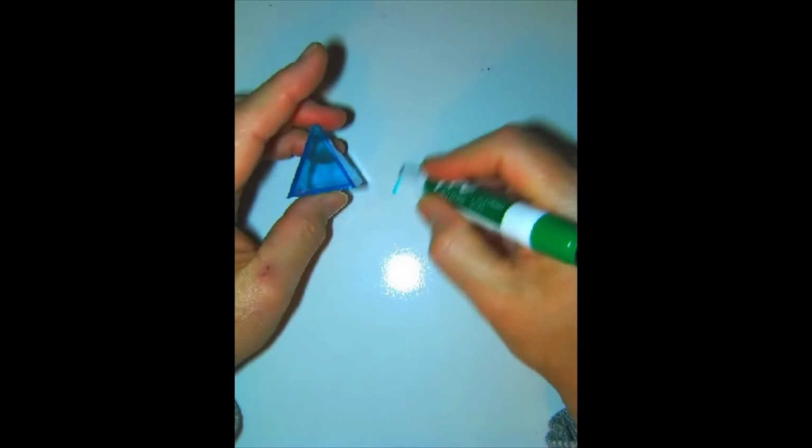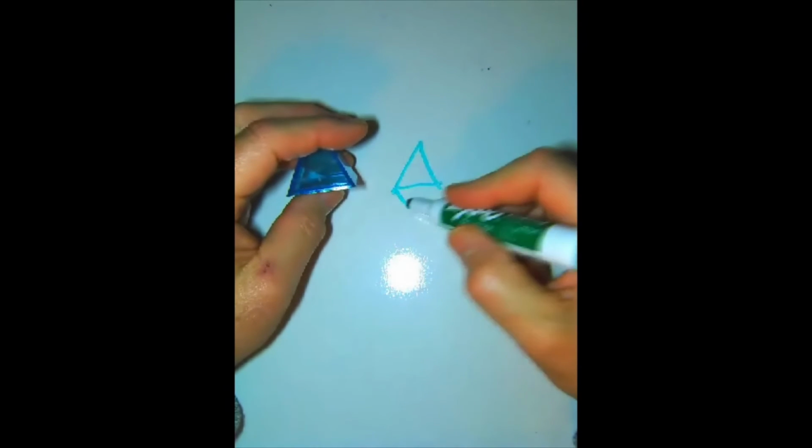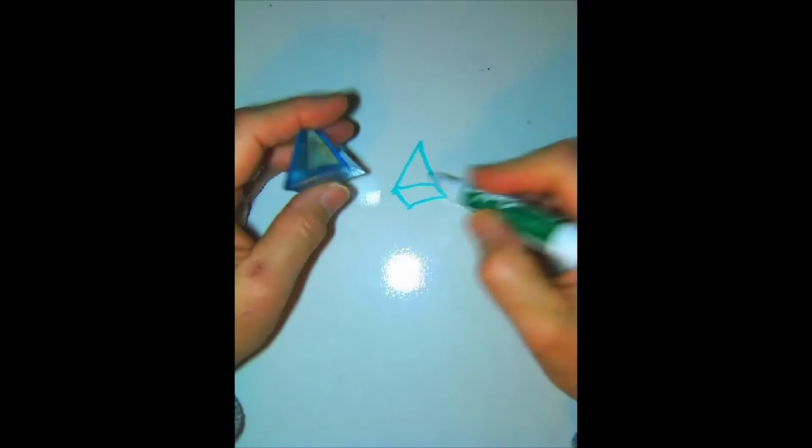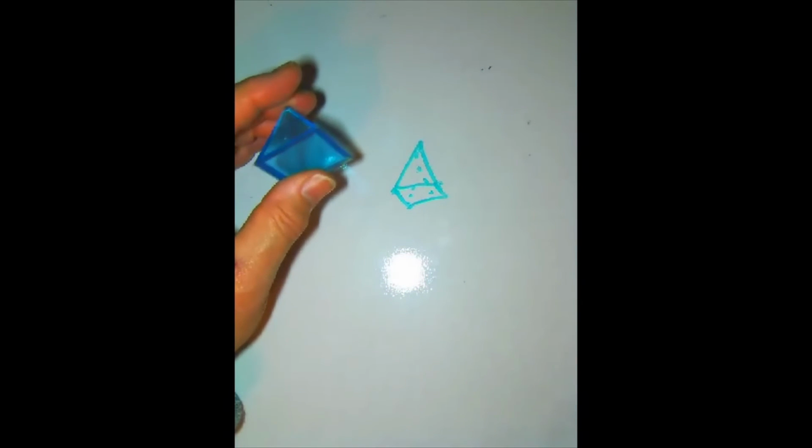So perhaps we show something that shows the square base of the pyramid, and maybe we draw some dotted lines here to show the internal of the pyramid as well. With practice, you can get where you can represent each of these figures, but it does take practice.